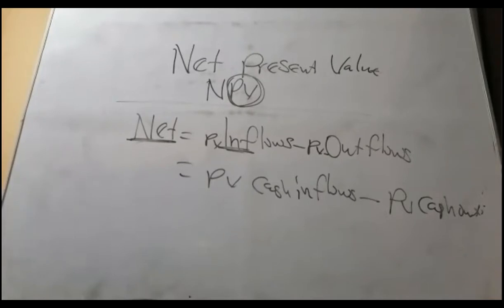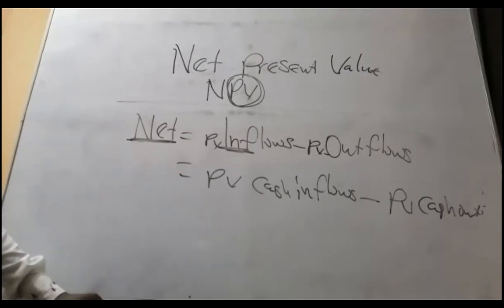Just find their present value, because 1 cedi today is not the same as 1 cedi tomorrow. So you have to take the discount into consideration. Just that we have a nice format for it, so I'm going to look for the format.